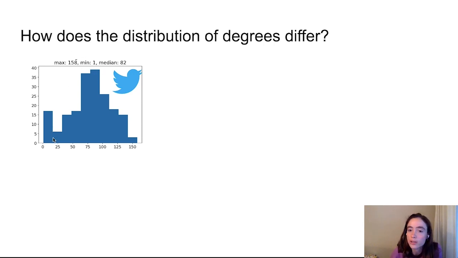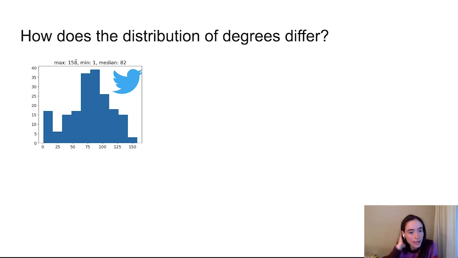So that means some Twitter users only follow one other person in the network, or are only followed by one other person in the network. And the maximum is 158. So there is one user that either follows or is followed by 158 other people in the network.